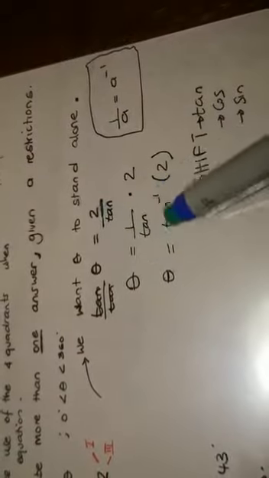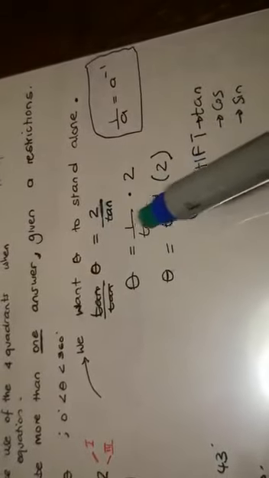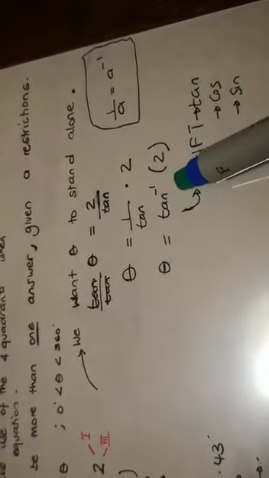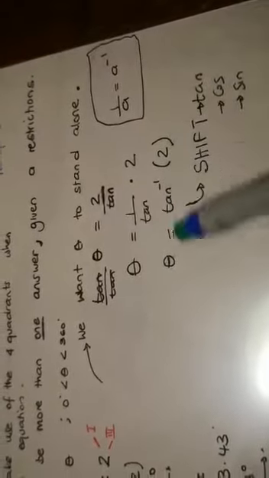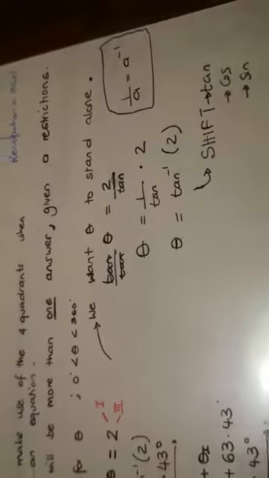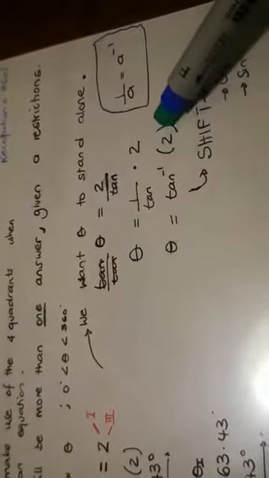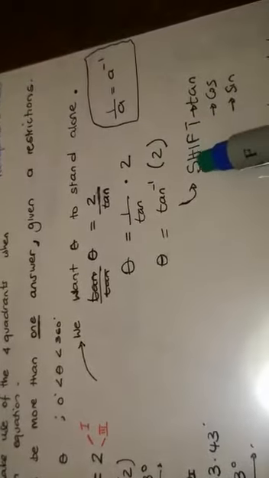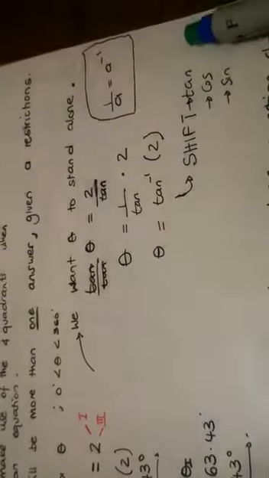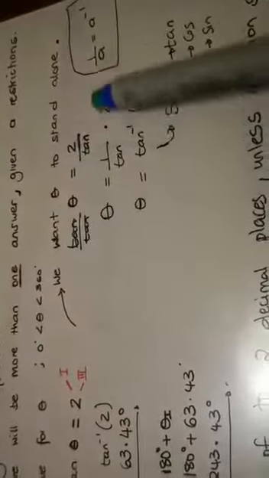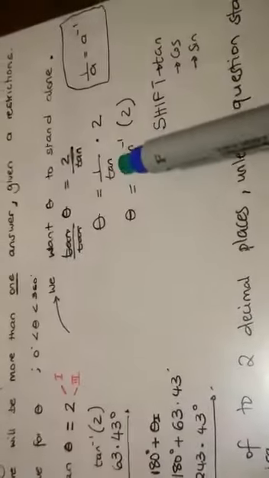So 1 over tan will be tan inverse, or tan to the power negative 1. It's an inverse; we're going backwards to find theta. You press shift and then tan, and it will give you the answer. We don't write it like this; I was just showing you why we have a case like that.